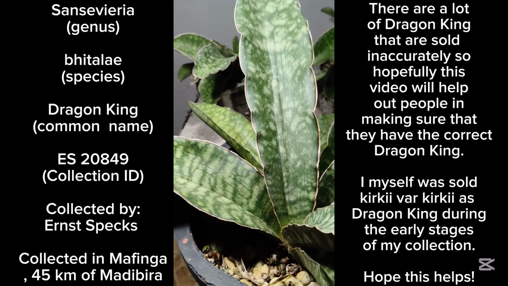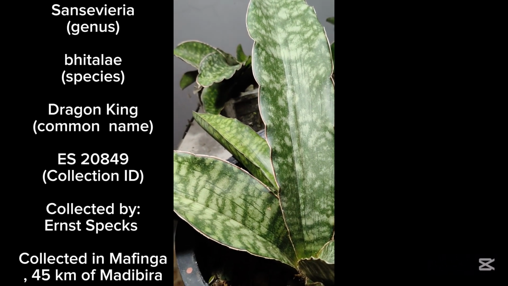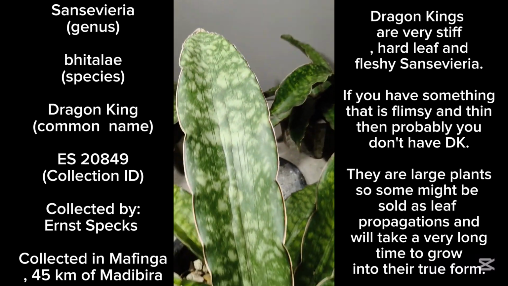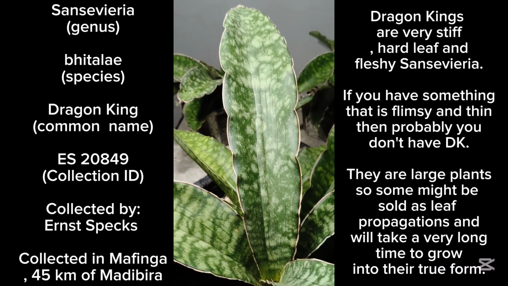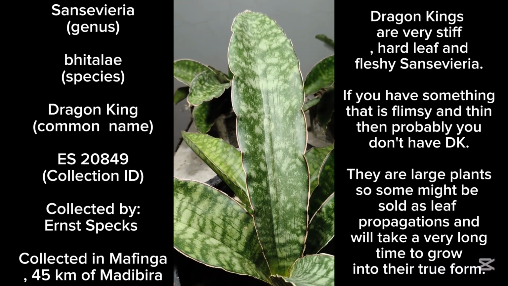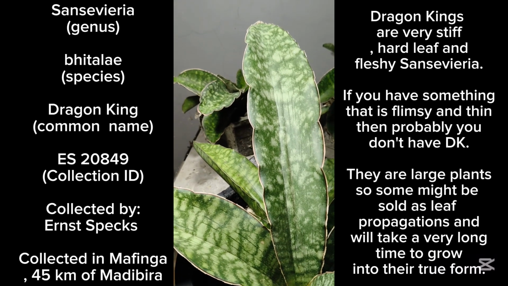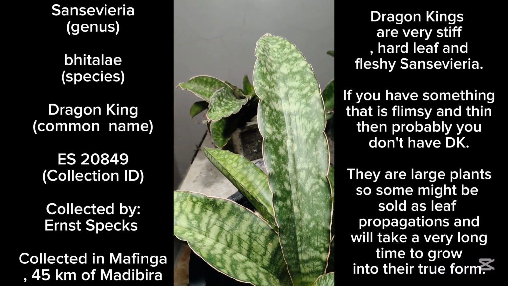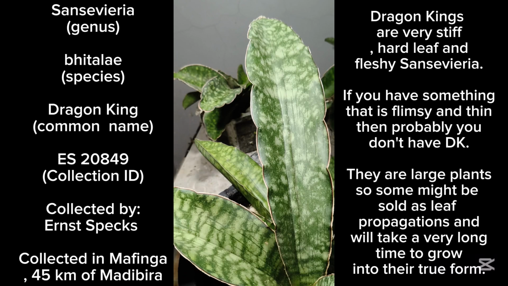As to the other characteristics, I would say that Dragon King also grows longer leaves compared to Dragon Wing and Jade Dragon easily. So if you have planted them all at the same time, and grow them in the same spot, the same environment, if you have a true Dragon King or true ES20849, it will just overtake Dragon Wing and Jade Dragon in terms of growth and size.